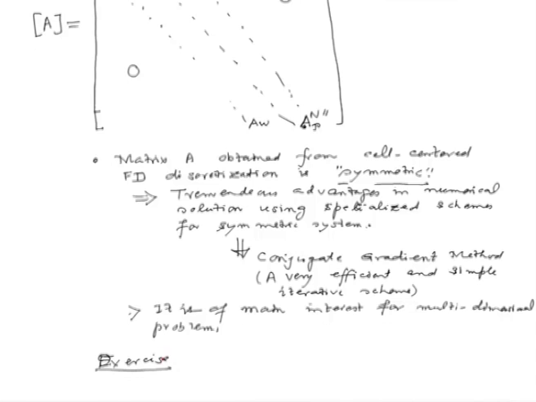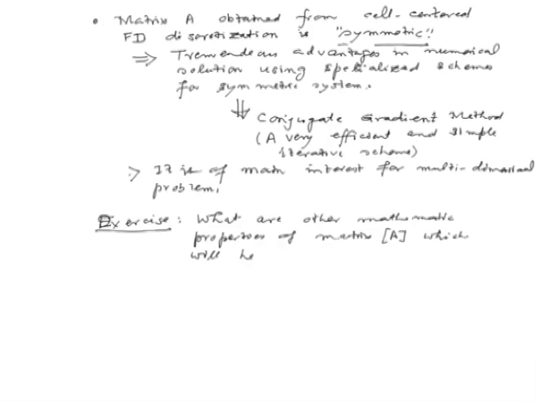Can you check with your linear algebra book what other mathematical properties of matrix A will help in the choice of numerical schemes for solution of our system A phi equals Q?